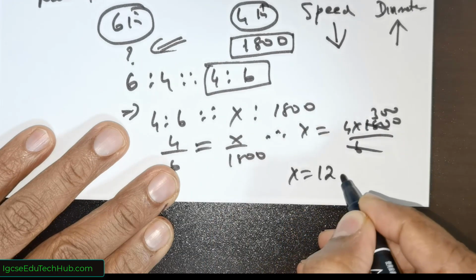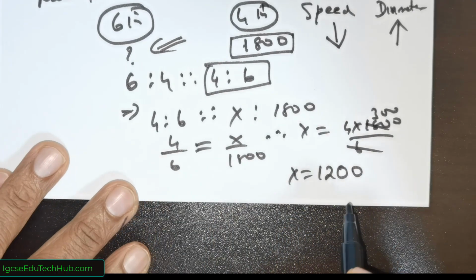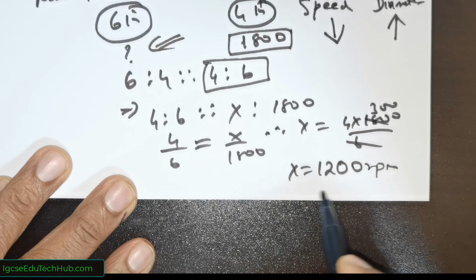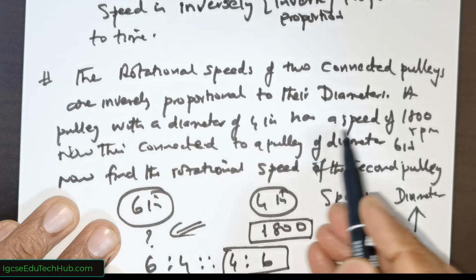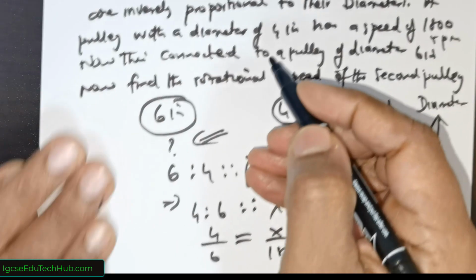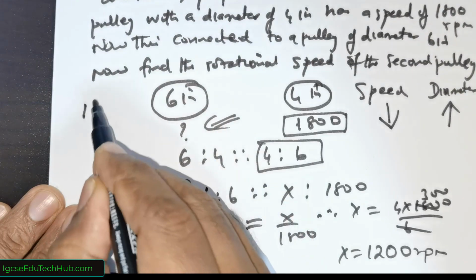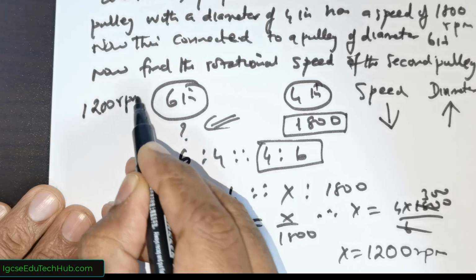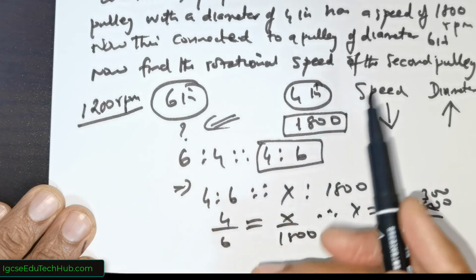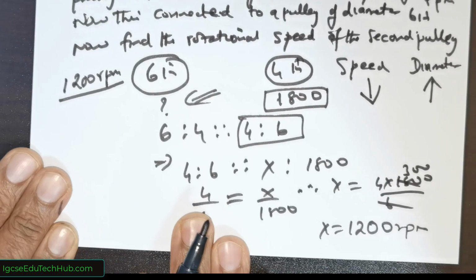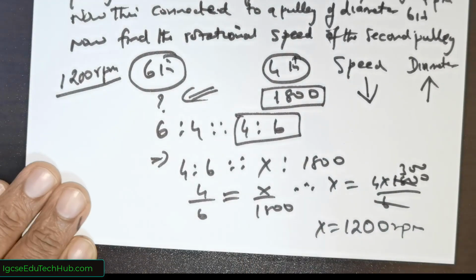So x is equal to 1200. So this is the speed of the 6-inch pulley. A pulley with a diameter of 4 inch has a speed of 1800, so the 6-inch pulley has got a speed of 1200 rpm. Right, so the bigger the diameter, the lesser the speed. Okay, so that is a beautiful question, and we move on to the next one.